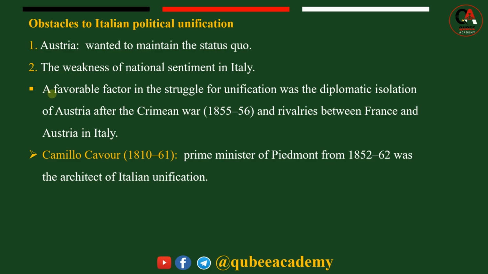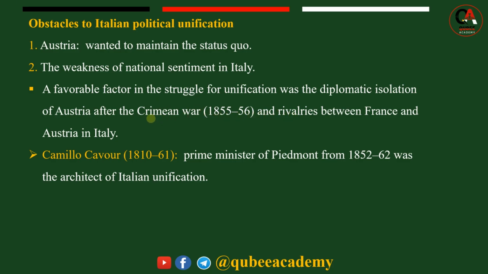So the favoring factor in the struggle for unification was the diplomatic isolation of Austria after the Crimean War of 1853 up to 1856. The Crimean War was fought between France and Britain on one side and Russia on the other side.